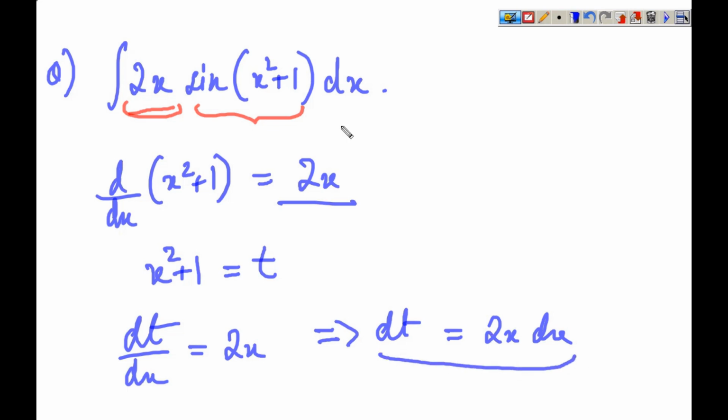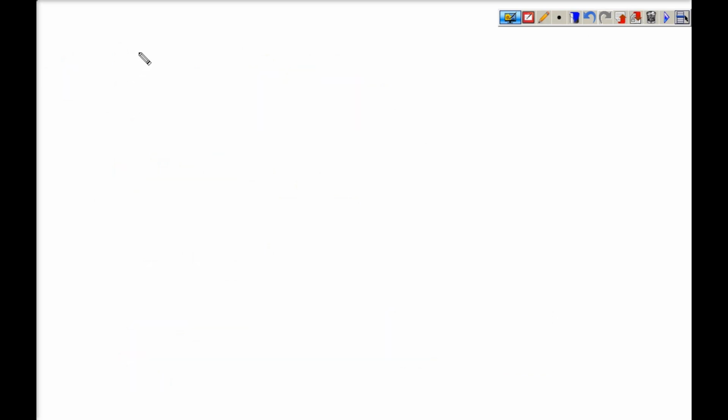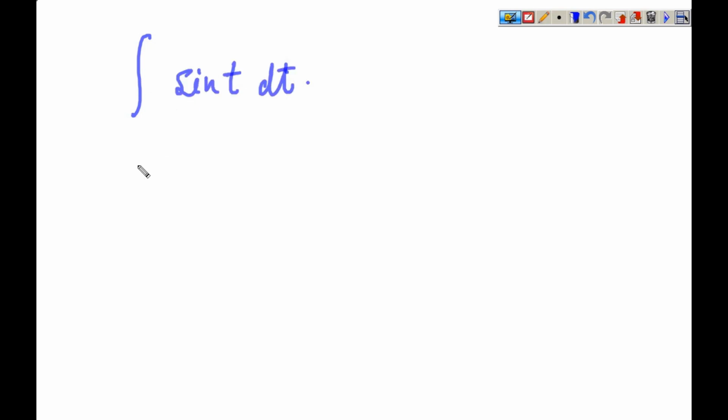So again I need to change the independent variable, so I need to change dx as well. I need to write it in terms of dt. So we got dt equals 2x dx. Now substituting everything in the function, we can rewrite the function as integral of sin t times dt, and we know that the integral of sin t will be minus cos t plus c.